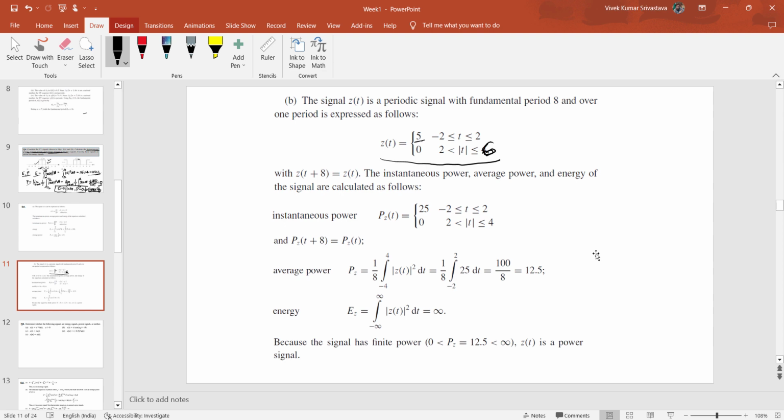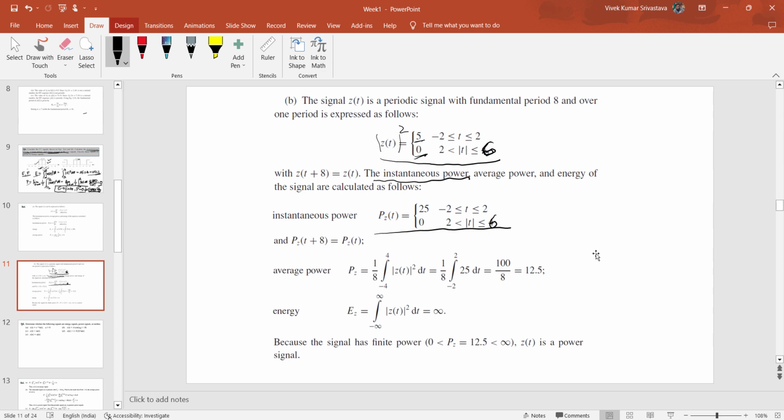For this interval, this signal is basically 0 here. For determining the instantaneous power we just have to take the square of this signal. So this basically represents the instantaneous power.